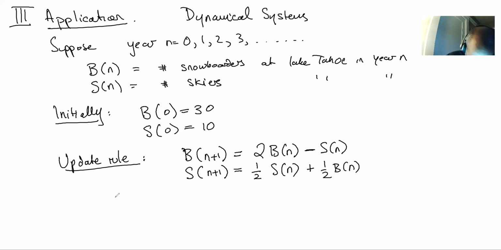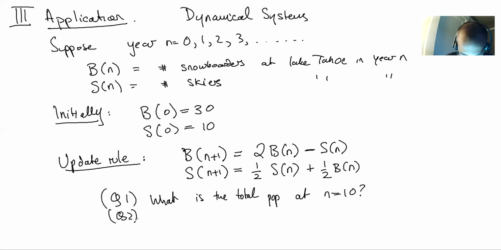And I want to ask two questions. Question one is, what is the total population after 10 years? And the second question is, what is the ratio of boarders to skiers?